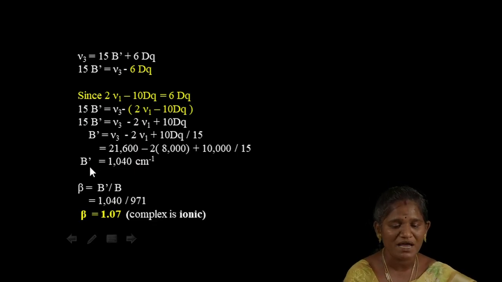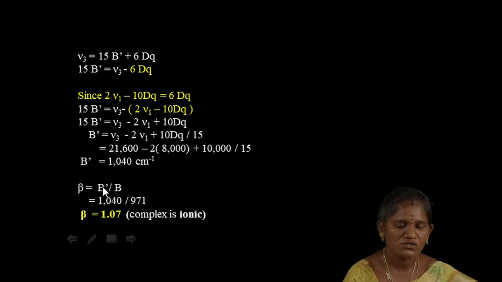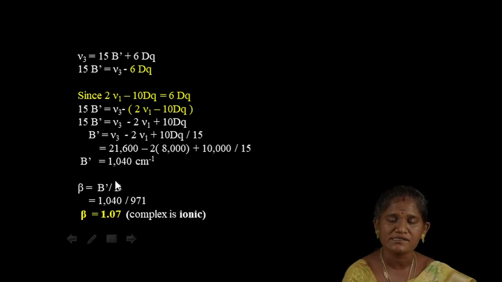So this B prime is nothing but the interelectronic repulsion in the complex ion. So this is beta, the Racah parameter, that is equal to B prime by B. This B is the interelectronic repulsion in the free metal ion, which is a constant value, 971 for this cobalt free metal ion.